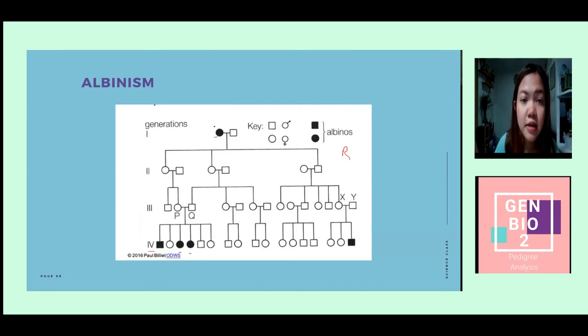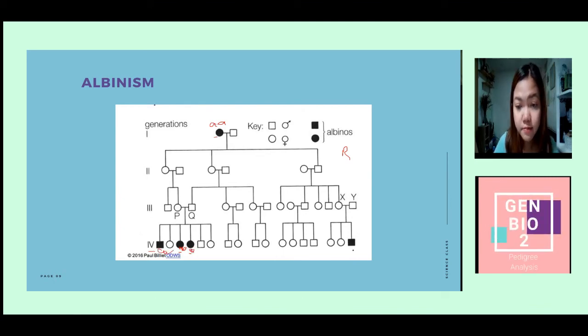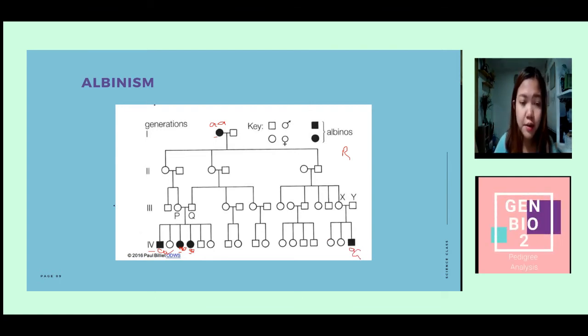So, try the genotype of this as small a, small a. So, let's try to identify kung ano yung genotypes nito, PQ and XY. So, katulad ng sinabi natin kanina about autosomal recessive.